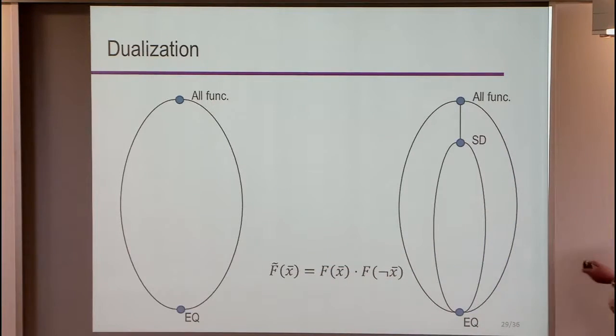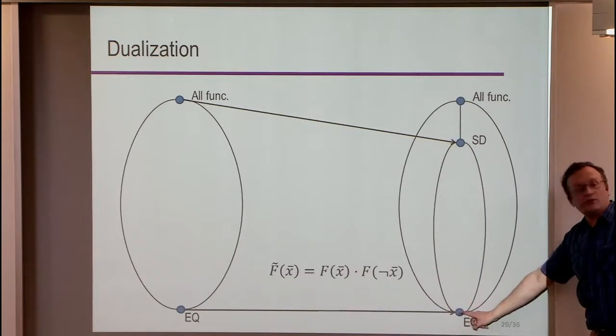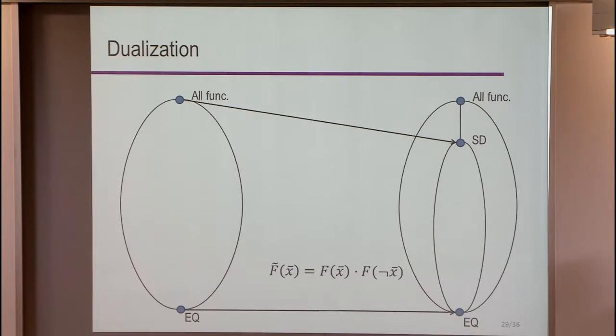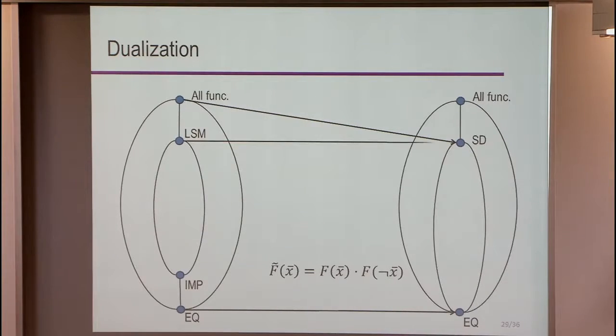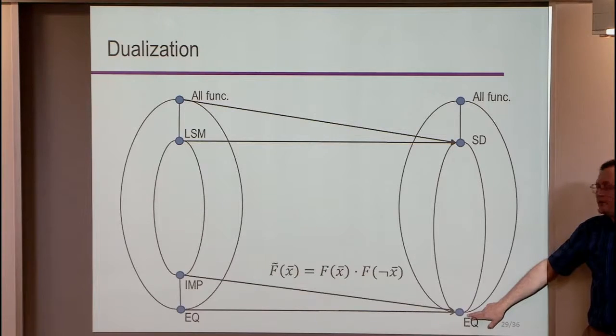In terms of this picture, it means that I map the clone of all functions into the clone of self-dual functions, and the clones of equalities remain the same. If I take imp and LSM, it's easy to see that when I apply the same thing to LSM, I again get the whole clone of self-dual functions. If I apply it to imp, I again just get equality, nothing else.